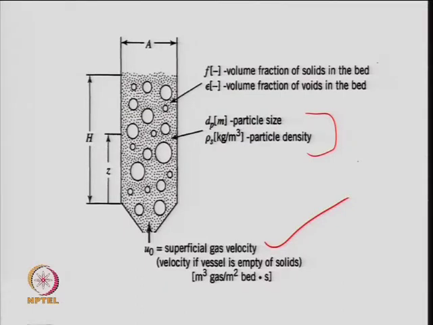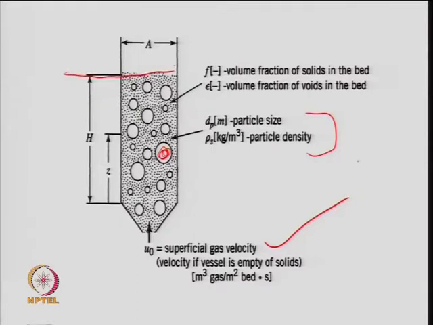That is again important, and the void fraction, the volume fraction of the voids in the bed, is again important in each phase. And this is what is shown here, this is your gas bubble. There are gas bubbles you can see here, because the gas is moving up, surrounded by some clumps of solid particles and some solid in different positions, and that is known as the emulsion form, right.